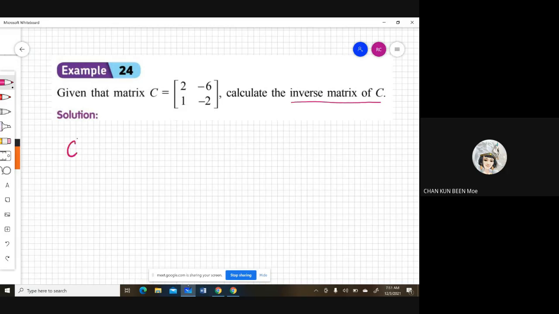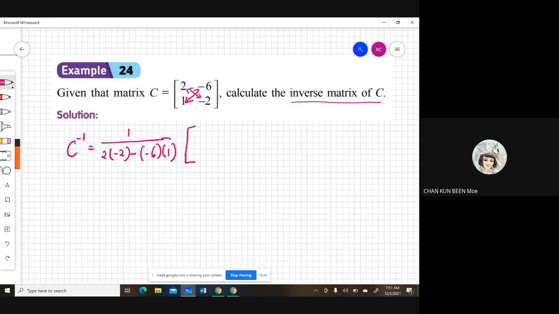So the inverse of matrix C, C to the power of -1, is equal to 1 over AD, so A is 2 multiplied by -2, minus BC. BC is -6 multiplied by 1.